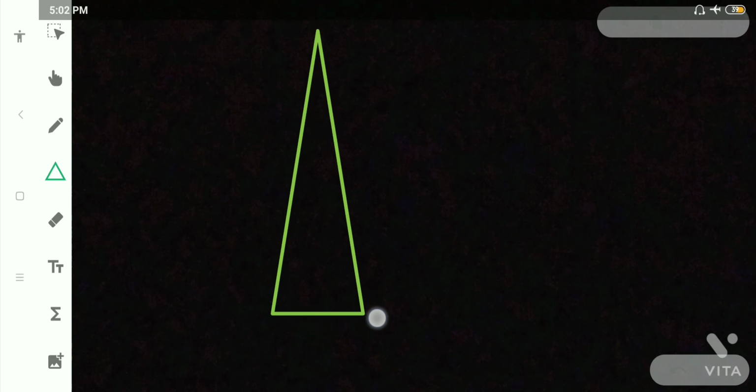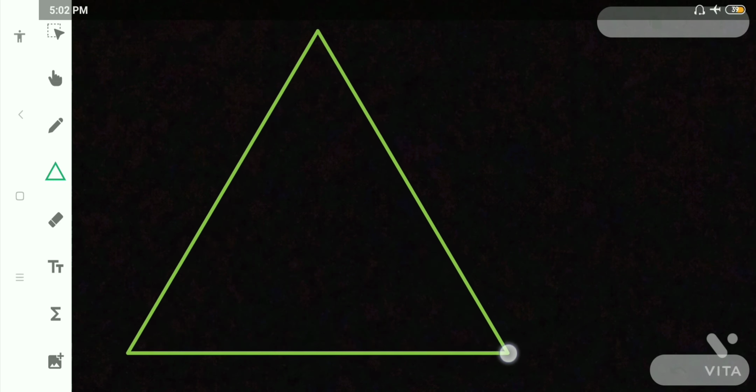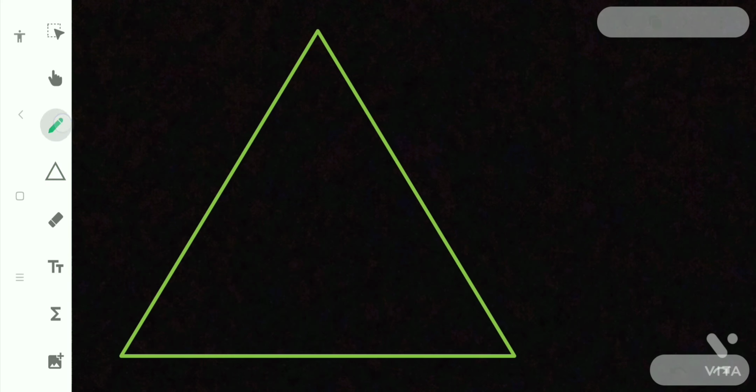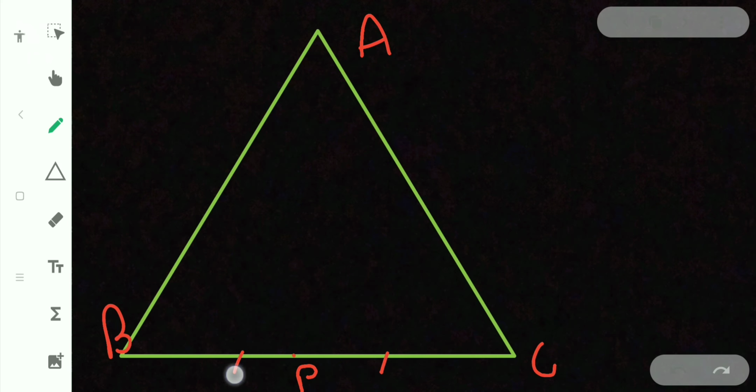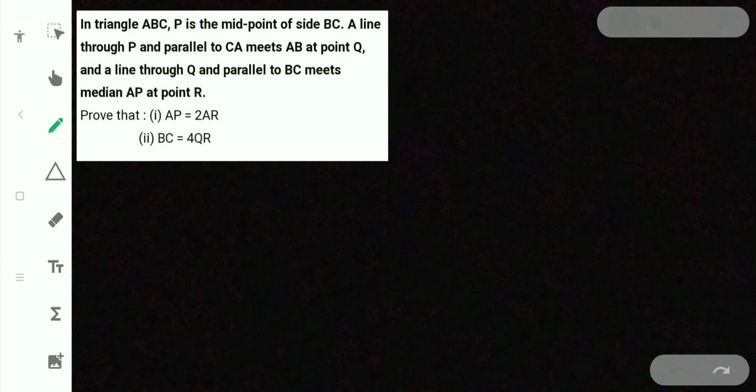I'm not having place to write down, so I'm writing it just a bit up. Now I'm having A, B, C, that is nothing but the triangle name, and P is the midpoint of BC. So BP is equal to half of BC. Now a line through P and parallel to CA.